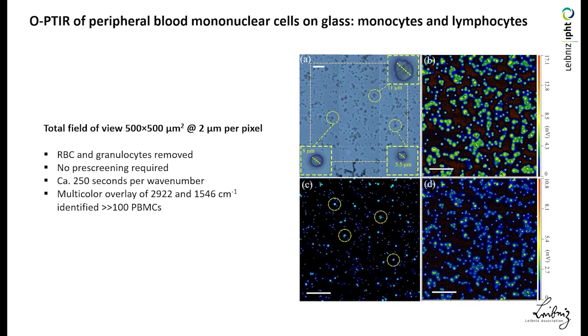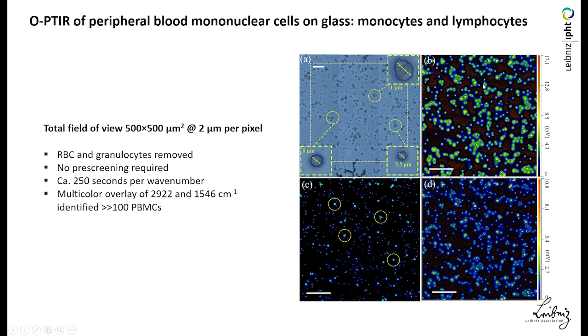And then a starting point was to collect an O-PTIR image. Here the field of view was slightly smaller, 500 by 500 micrometer. It took approximately 4 minutes, so much faster.